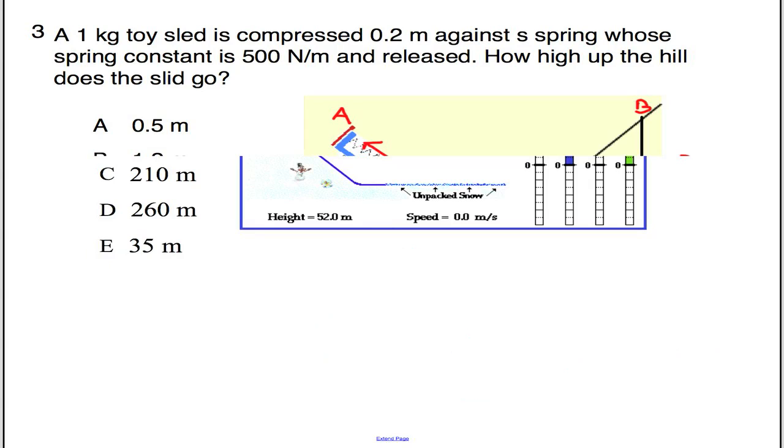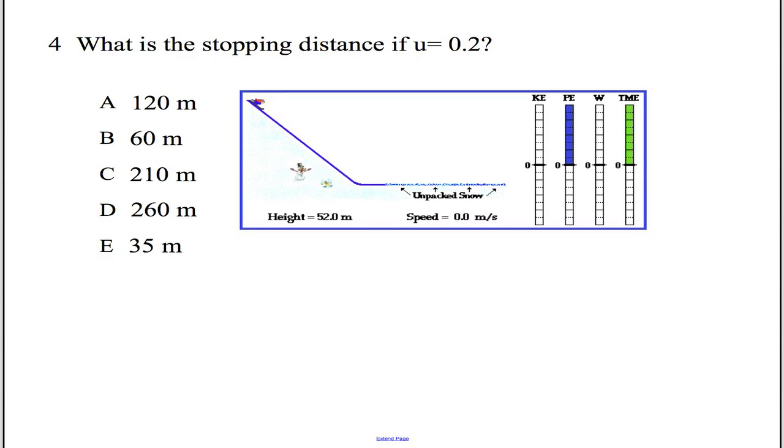Okay, let's do another calculation with friction now. Supposing you start from a high mountain, 52 meters high, and ski down a mountain, assuming there's no friction on the mountain, but when you get on the flat part, there is friction.